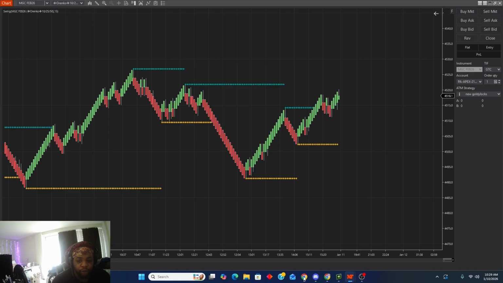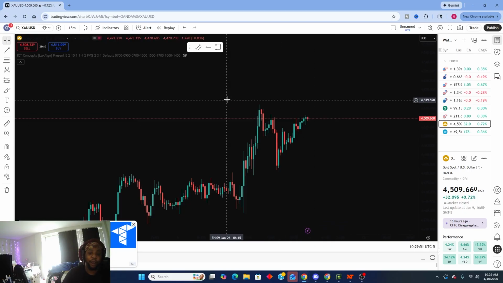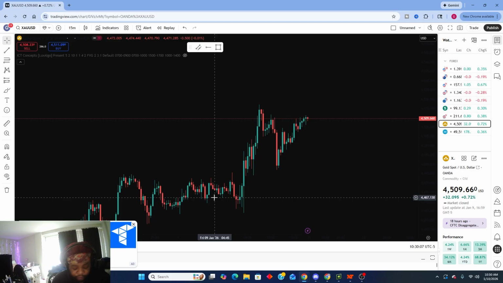As opposed to candles, where everything moves within time, so it prints time-based. So whether it goes up for 5 minutes or down for 5 minutes, that's what you're going to see, the noise. Renkos filter all of the noise.